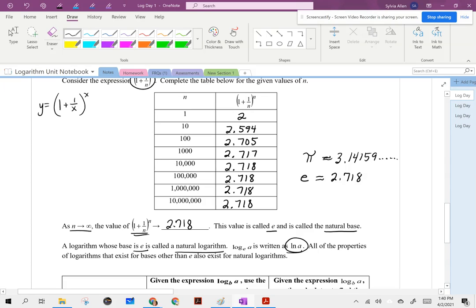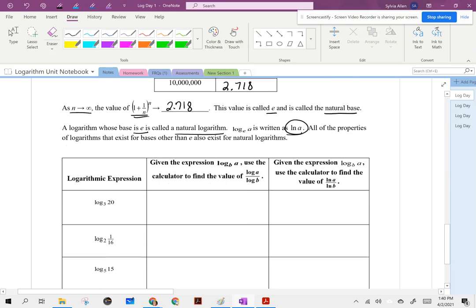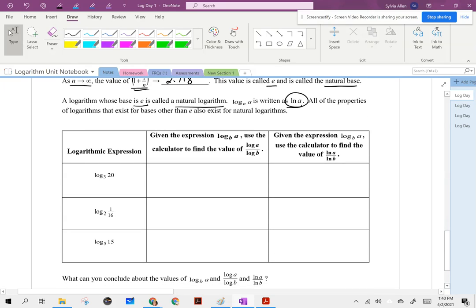So all of the properties of logs exist for other bases other than e. You just have to specify: if it doesn't have a base specified, then it defaults to e if it's ln, or it defaults to 10 if it's log.